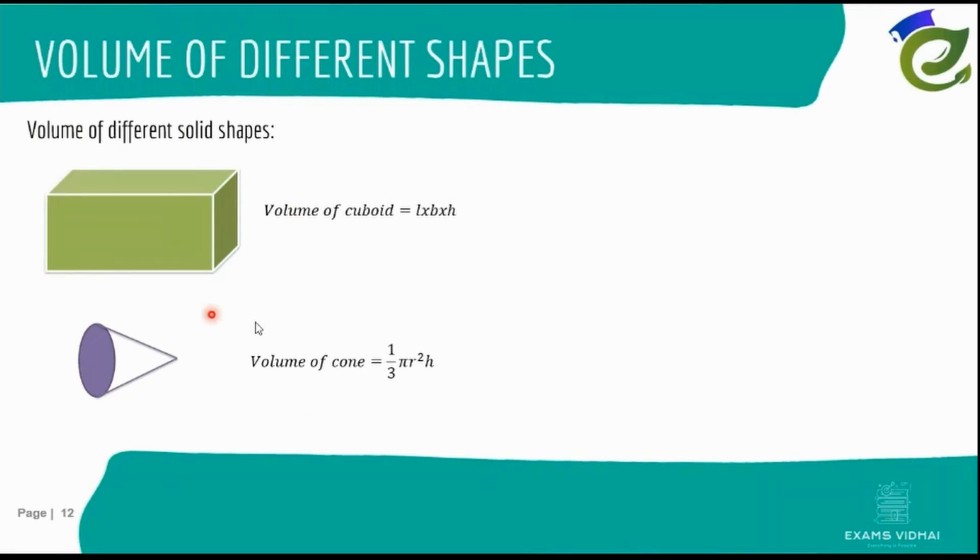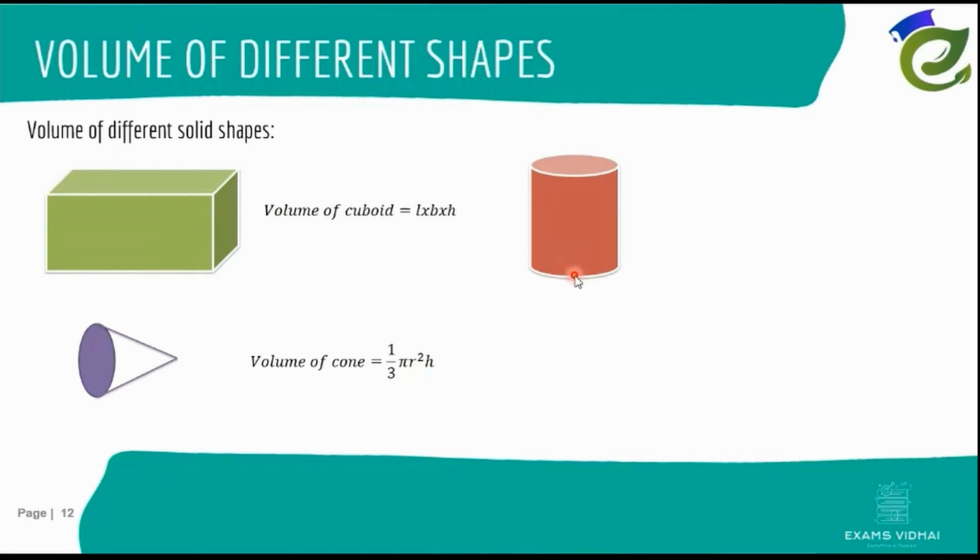This is a cone, and the volume of a cone is 1 by 3 pi r square h, where r is the radius of the base and h is the height of the cone.